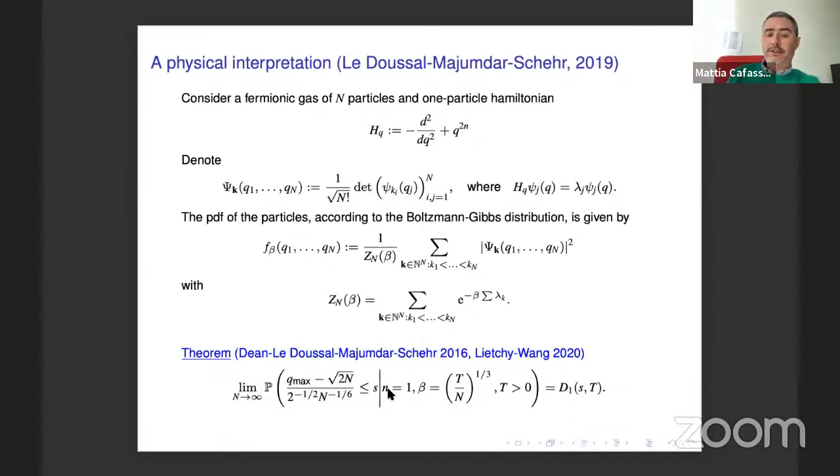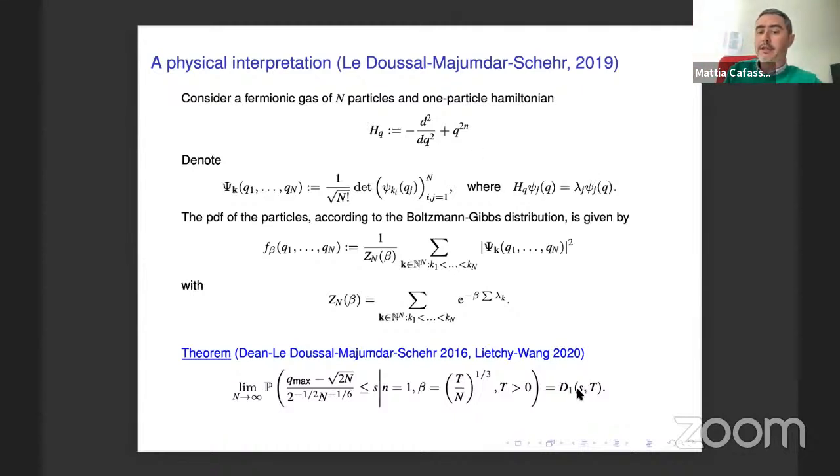Be careful: this is proven from a mathematical point of view for n equal to 1, but it is believed to be true for arbitrary n. This is due to the universality of this kind of distribution appearing in random matrix theory. Even if you change your initial model a little bit, the limiting laws don't change.